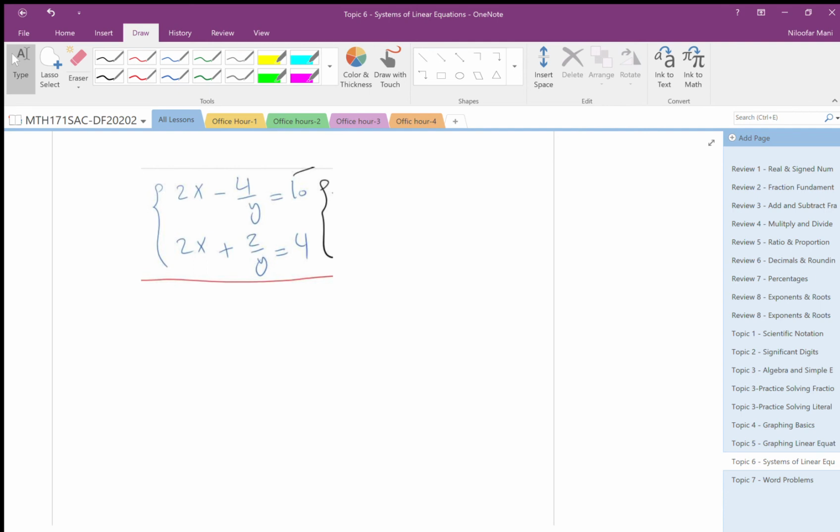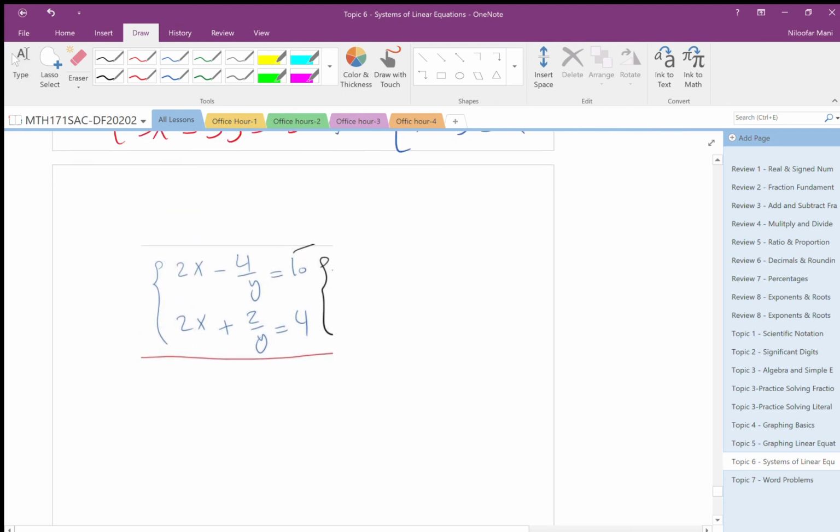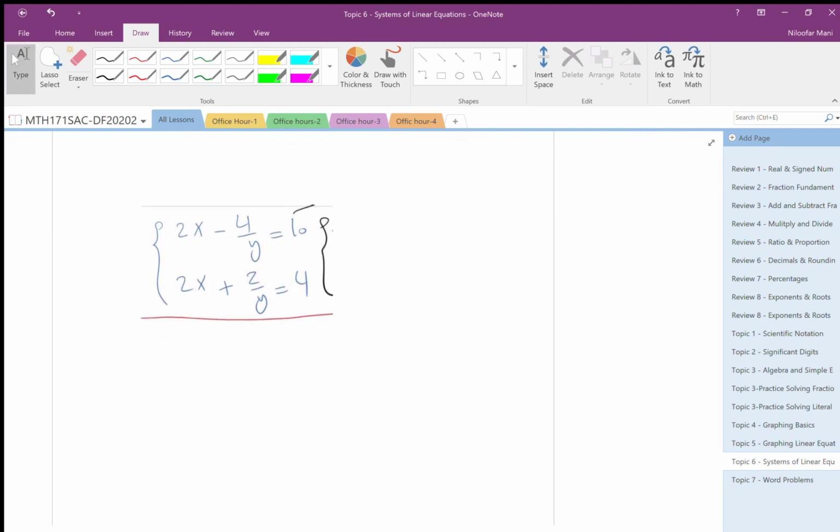Here you can have again 3 methods. Here you can eliminate from the beginning. Here you can have, for example, 1 over y equal t, and then you have 2x minus 4t equal 10, and you have 2x plus 2t equal 4.